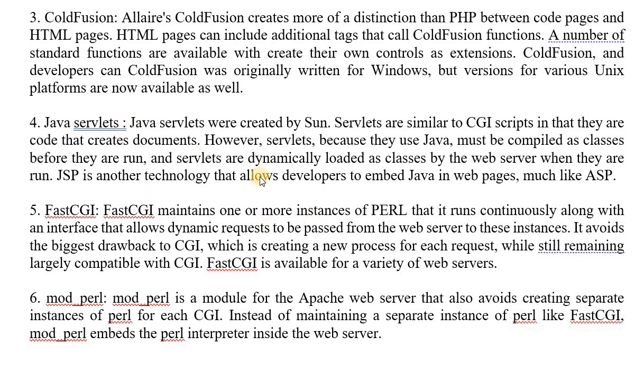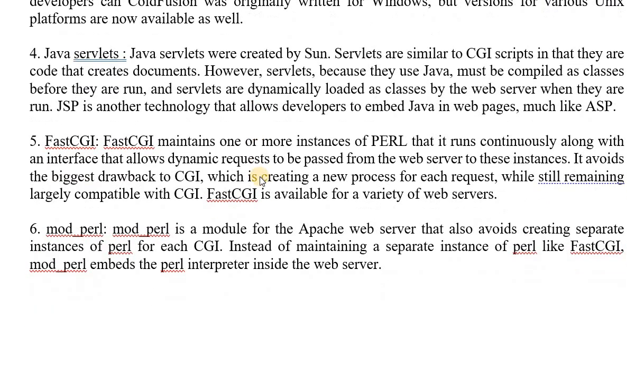Then the next one that we have is Java servlets, which we are going to learn in this entire unit. Then you have FastCGI, which can maintain one or more instances of Perl that continuously run along with the interface, which allows dynamic requests to be passed from the web server to these instances.